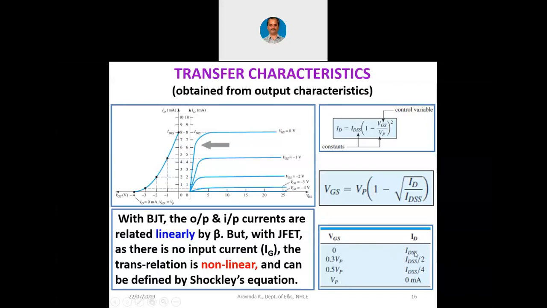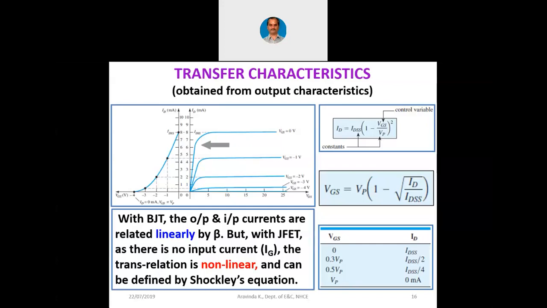When ID is maximum, VGS is 0, and when ID is 0, VGS is VP. When ID is IDSS by 2, VGS is 0.3 VP, and when ID is IDSS by 4, VGS is 0.5 VP.